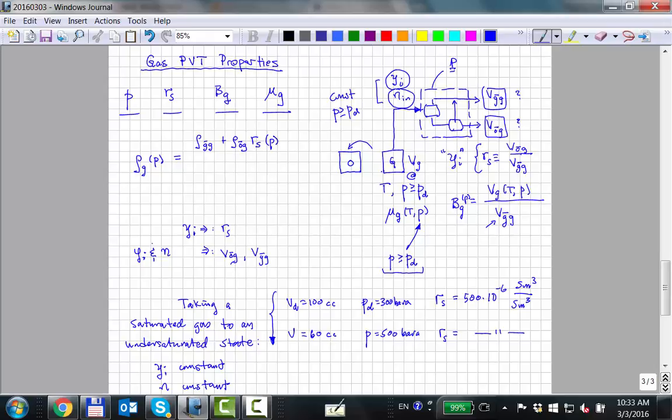It's the volume of surface oil times density, which gives you mass, so this is the mass term, divided by this Bg, which is a function of pressure. So that's the equation for getting the gas density from these properties.